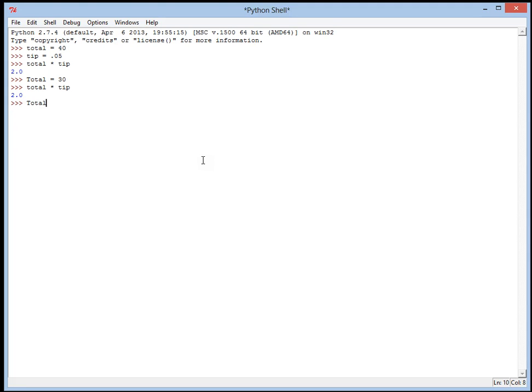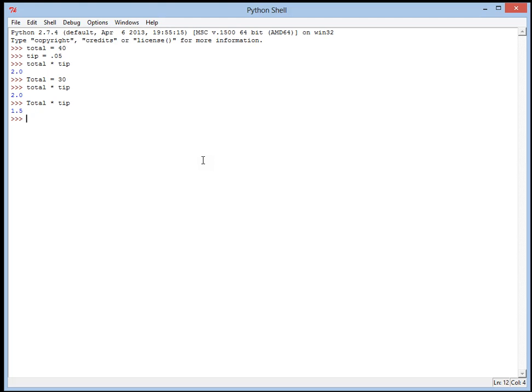And if I do the capital T, Total times tip, now the tip is only $1.50. So as you can see, the case sensitivity stores different things to the variables.